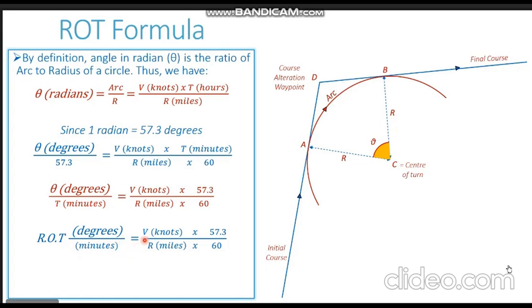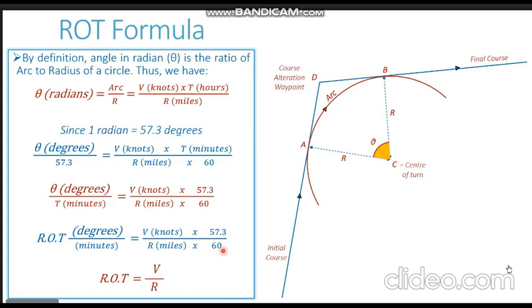This will be equal to V in knots divided by the radius in miles. V is multiplied by 57.3, and the radius in the denominator is multiplied by 60. Now, if you look carefully, the numerical terms on the right hand side, 57.3 in the numerator and 60 in the denominator, are close to each other.